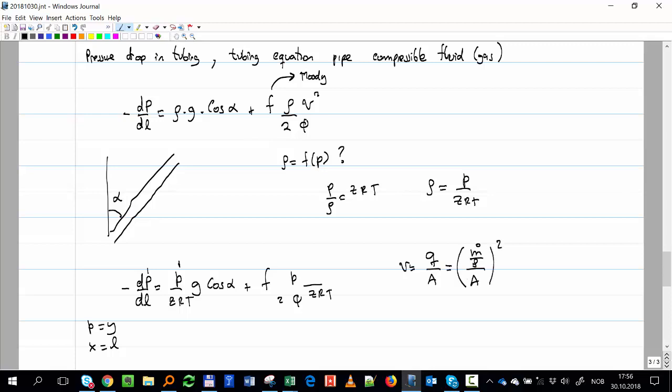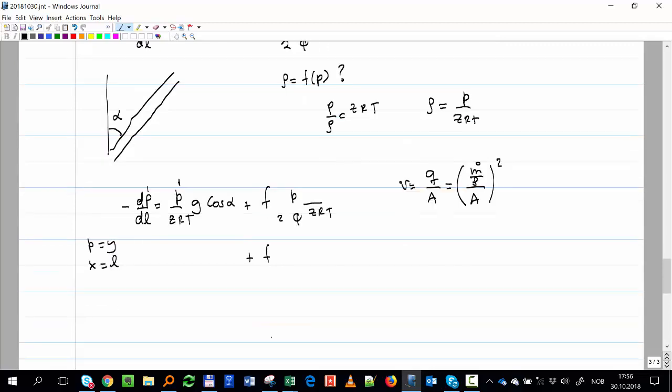It's going to be a bit messy. So we have f. Actually, one of the densities is going to cancel, so you have mass flow squared, and the area is pi diameter to the 4, and then you have 16 here.